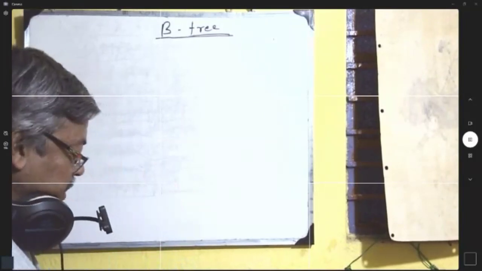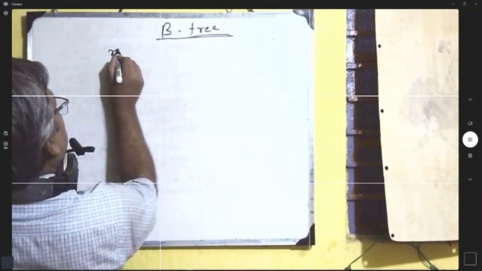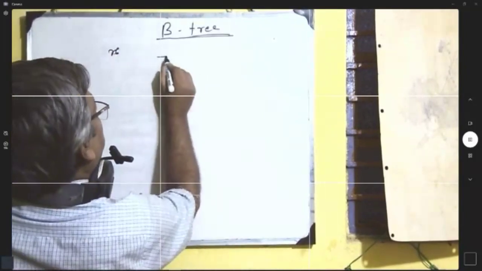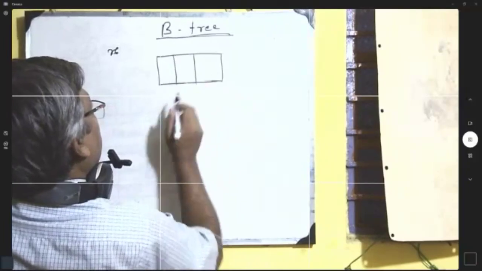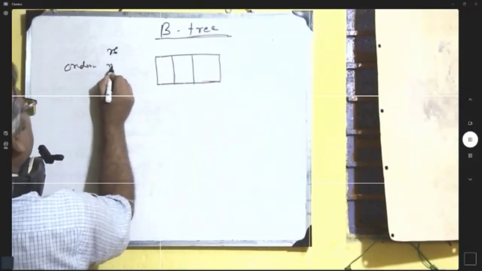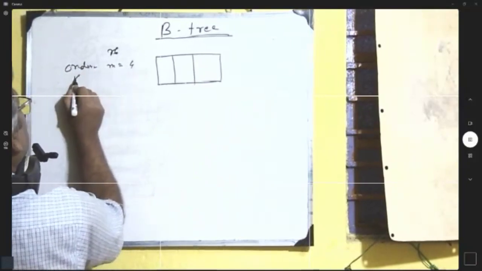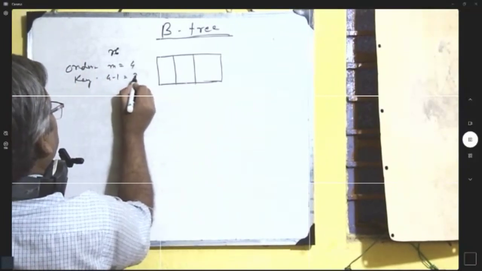So suppose X is the data that is required to be entered in the B tree. Suppose the order is M, and keys will be M minus 1. Order is M equal to 4, so keys should be 4 minus 1, that is 3.